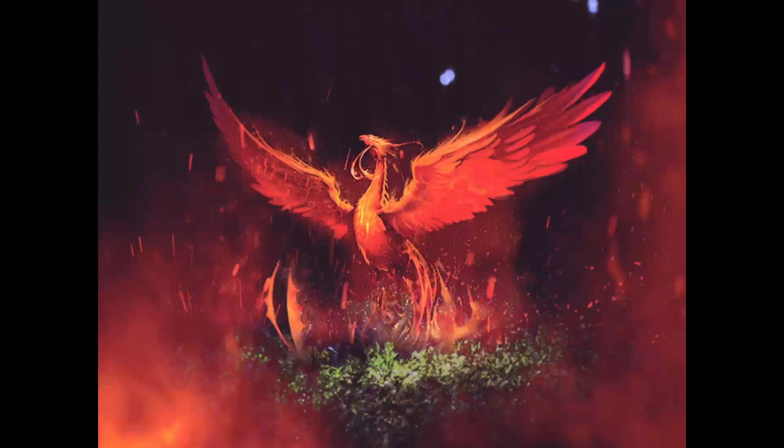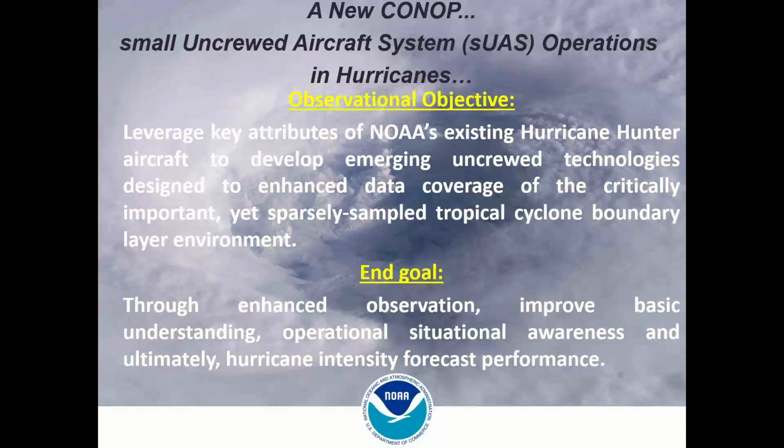And we had an opportunity to get some funding to do it. Not a lot, but we had about 5 actual birds that we were able to get and test. So we essentially got a new concept of operations, small uncrewed aircraft systems, which is going strong today.